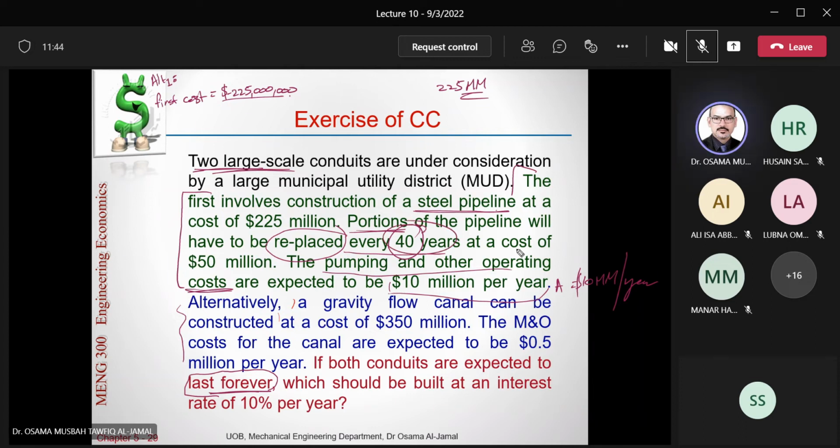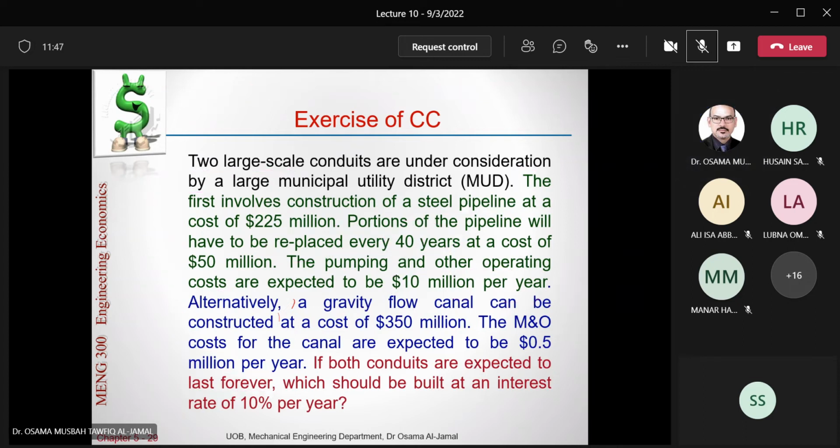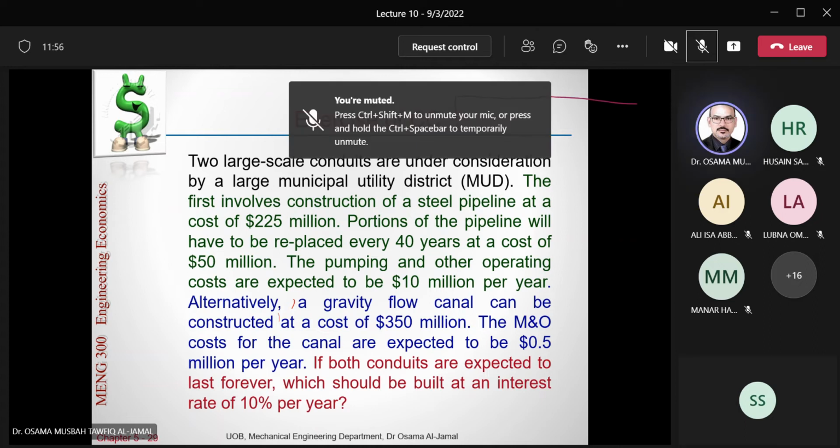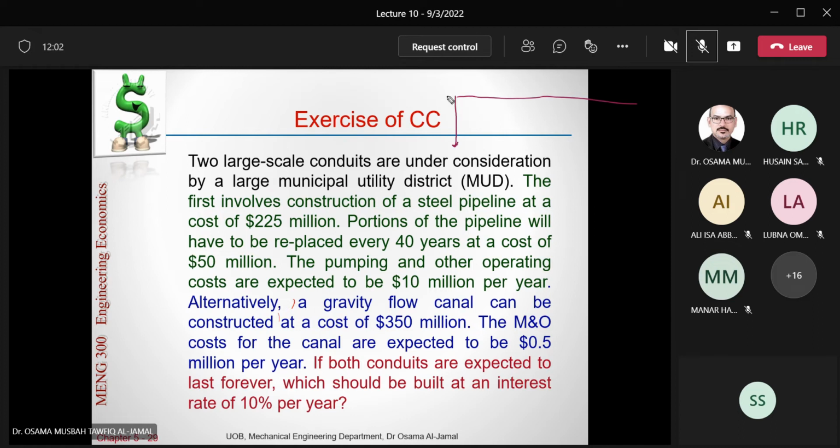Let's see the first part, how to plot it now. What do we have? In year 0, $225 million is the first cost. I'm not going to do all that numbering here. In year 40, we have the first maintenance or replacement, a major shutdown, a major overhaul.